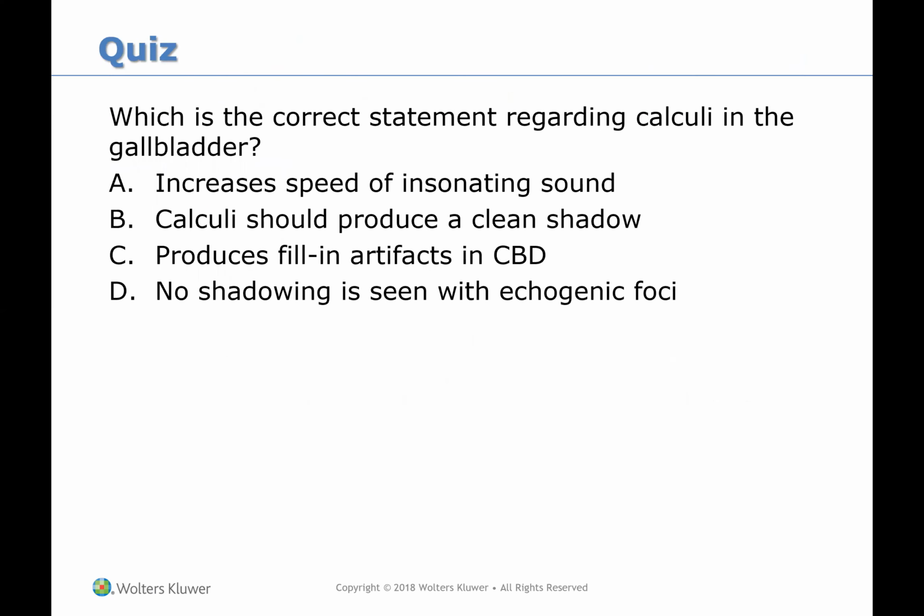Which is the correct statement regarding calculi in the gallbladder? Increase the speed of insonating sound. Calculi should produce a clean shadow. Reduces fill-in artifacts in the common bile duct. No shadowing is seen with echogenic foci.